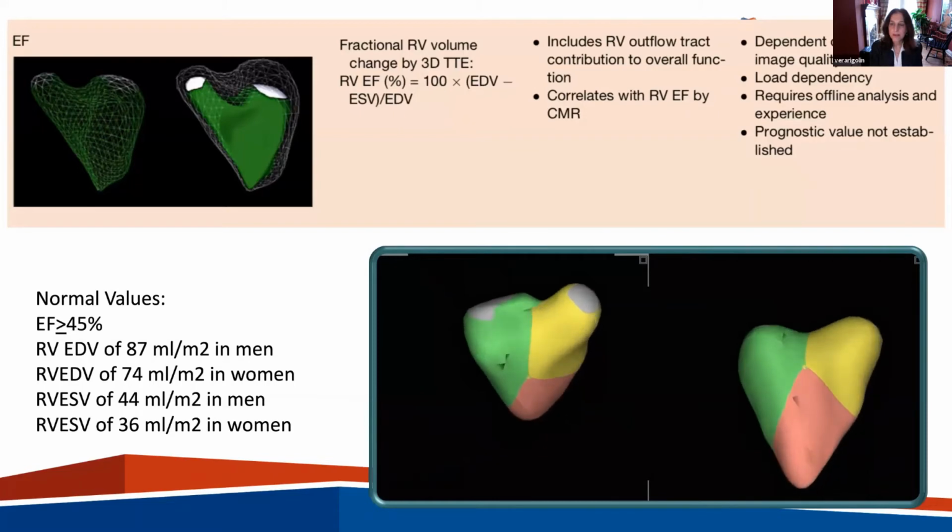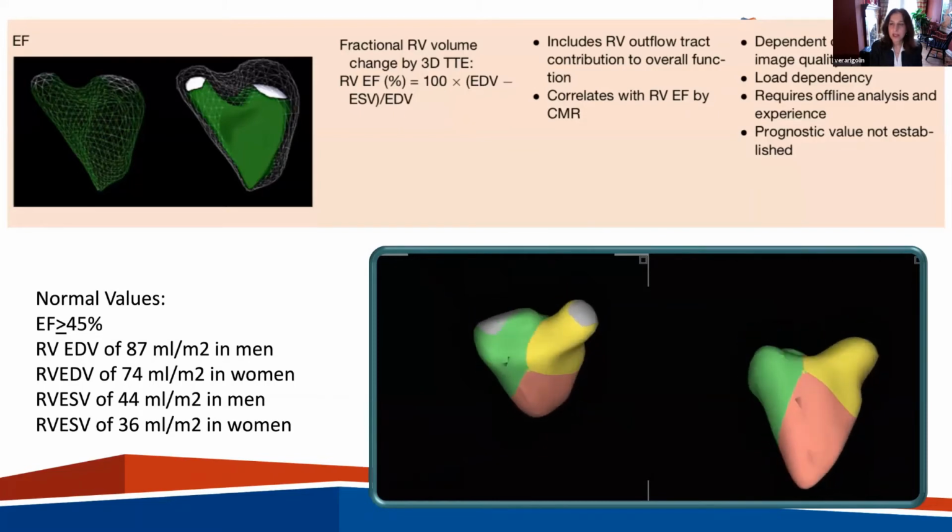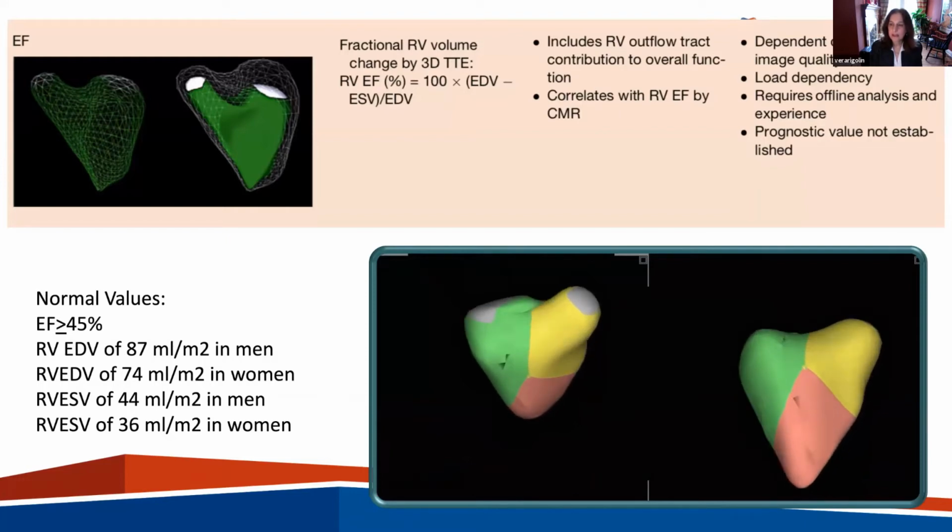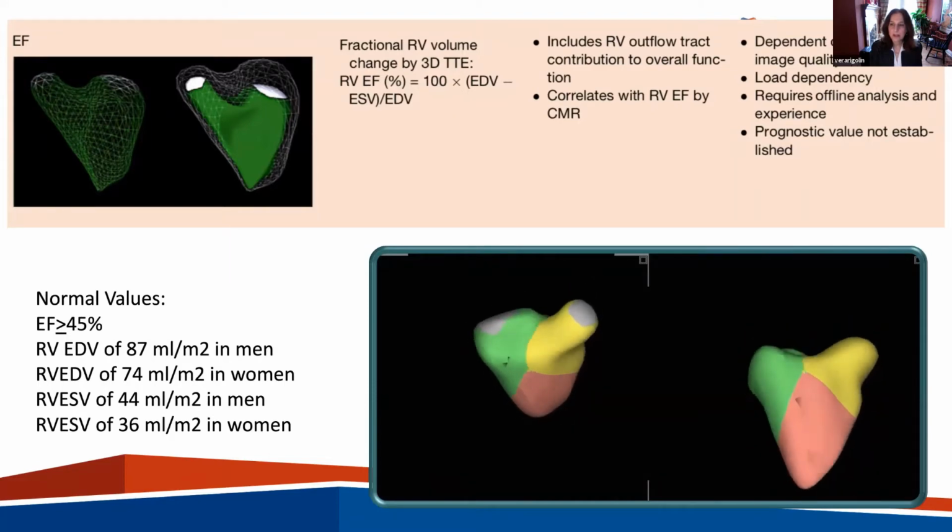But it is dependent on high image quality. It is load dependent, just like ejection fraction of the left ventricle. It requires offline analysis and experience, and the prognostic value has not been fully established.